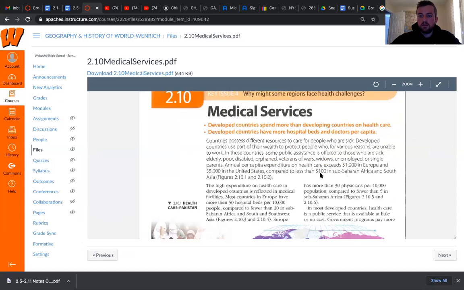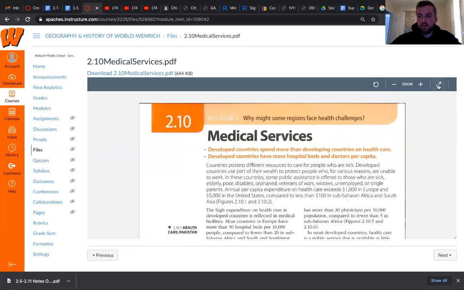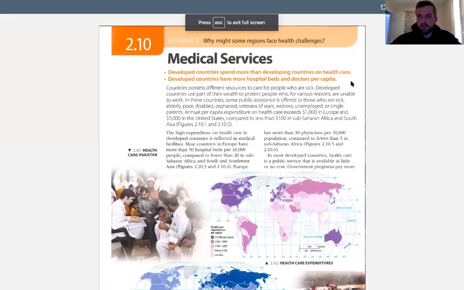And when it comes to reproductive health, it's one of the basic things about population: one of the easiest ways to get a population to rise is reproduction. It's pretty simple. But in terms of maintaining health services for the older generation and for people that really can't help themselves, access to medical services is going to be very important.